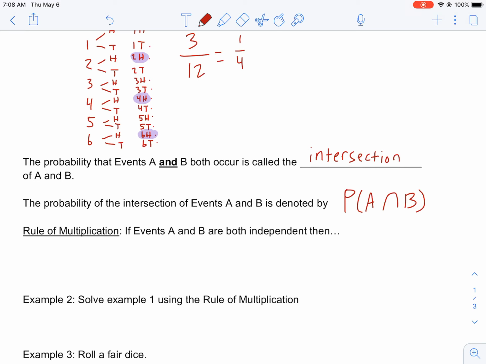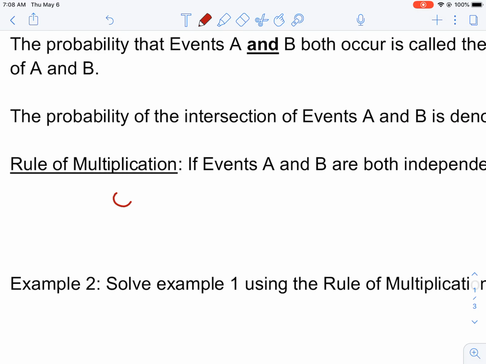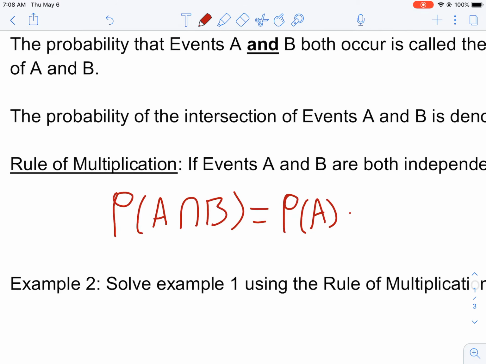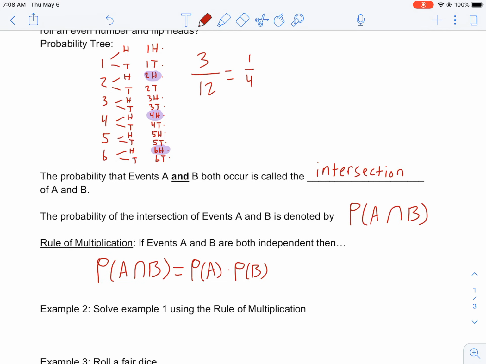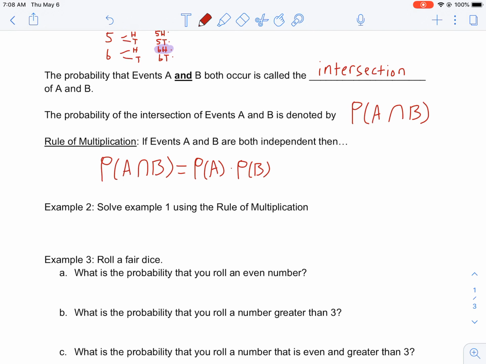And we actually have a formula here. It's called the rule of multiplication. If events A and B are both independent, then the probability of A and B both happening is equal to the probability of A times the probability of B. So if you have two independent events, and flipping a coin and rolling a dice are independent, then you can use this formula.